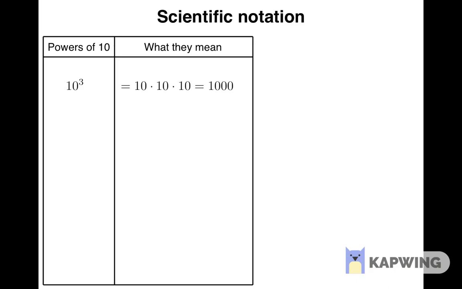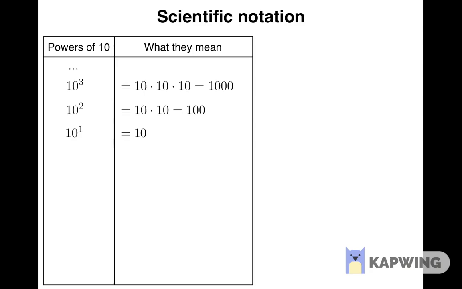So 10 to the third power equals 10 times 10 times 10, and that is 1,000. 10 to the second power is simply 10 times 10, or 100, and 10 to the first power is simply 10.